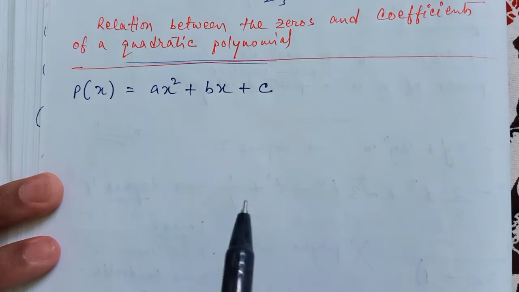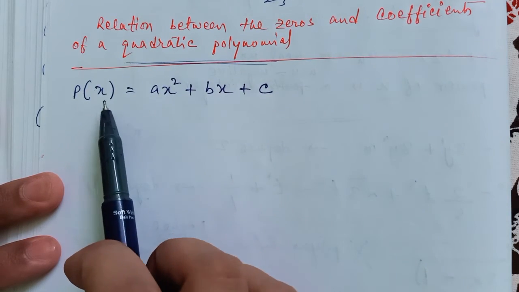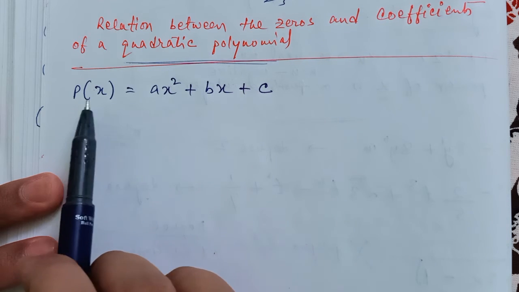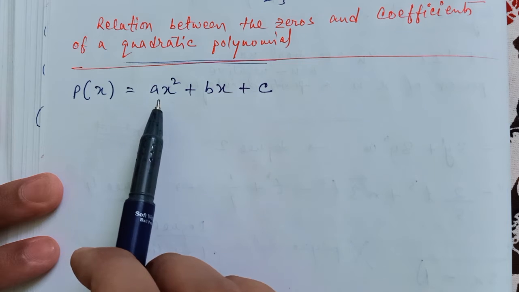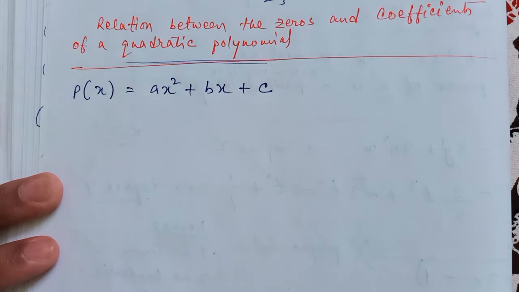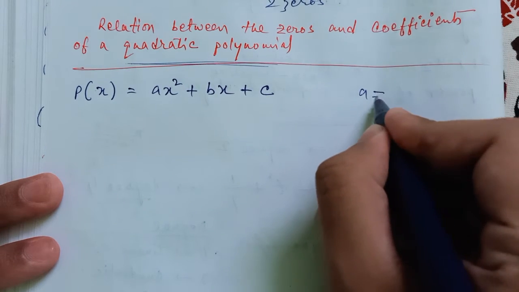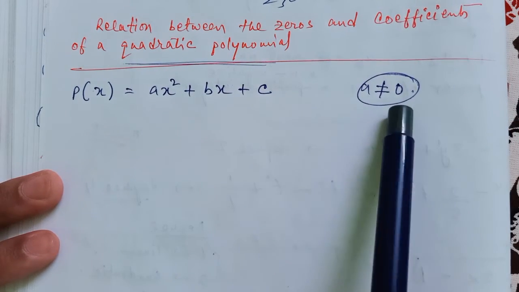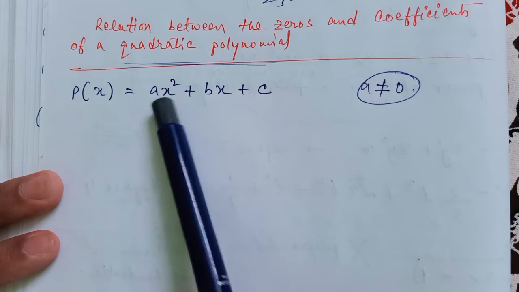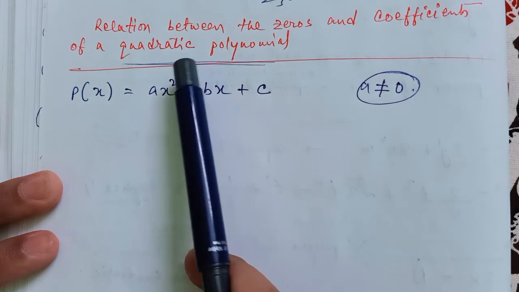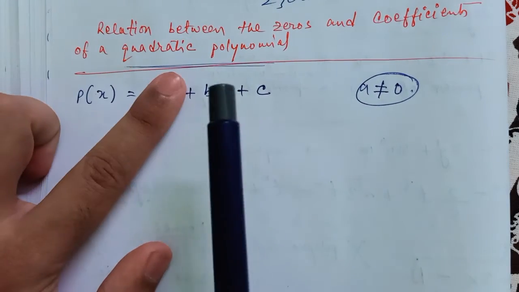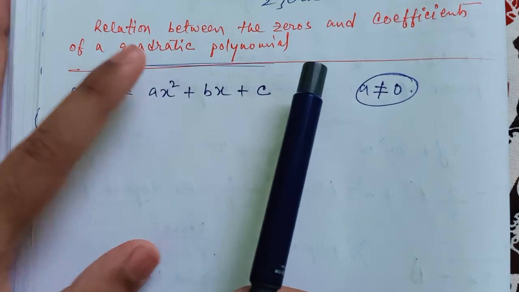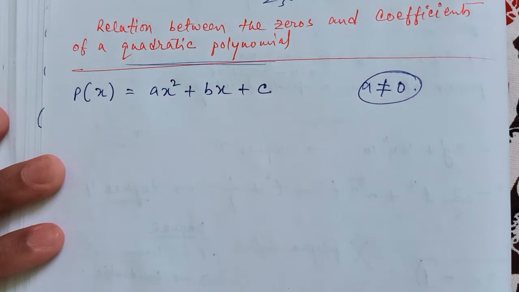Let us say you have a quadratic polynomial p(x), and let us take the general form, that is ax squared plus bx plus c, where a is not equal to 0. Because if a is 0, this term will vanish, so it will not be a quadratic polynomial anymore.